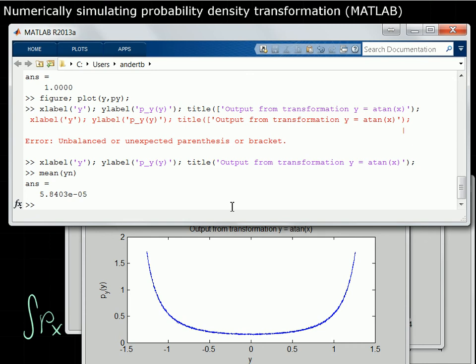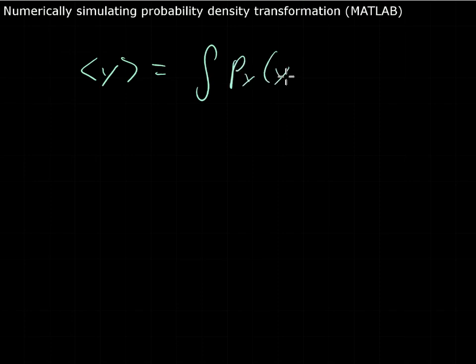So the mean value of y, when we have its approximate density, will be given by the integral of p of y times y times dy over all y.